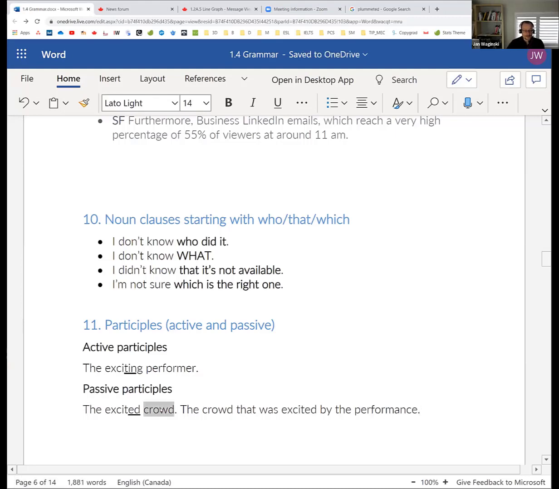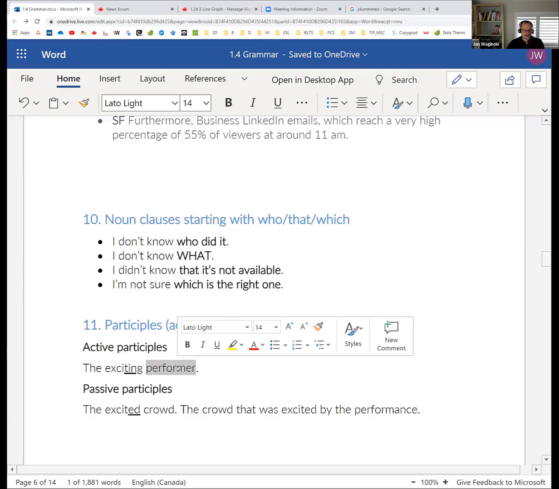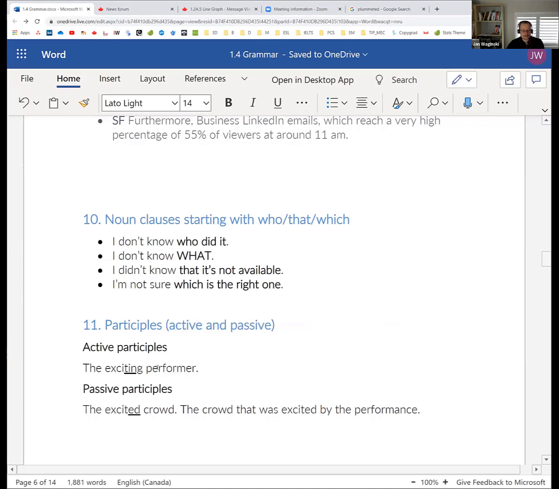Because the crowd doesn't cause the excitement, the crowd experiences the excitement. So when you're talking about the experiencer, you use the passive participle. The performer is responsible for causing the excitement. You use the active participle.